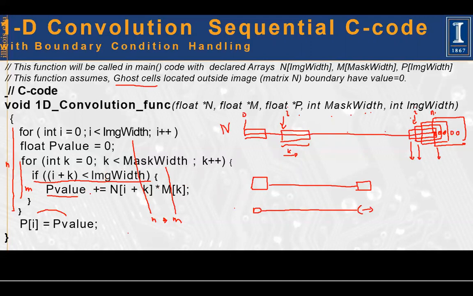I should not carry out this action. So when I say if I plus k is less than the image width, this is the maximum size. If it is within the image width, I carry out this calculation. If my I plus k, not I to which I add this index value, if that value gets out of my array n range, then I should not do this calculation.